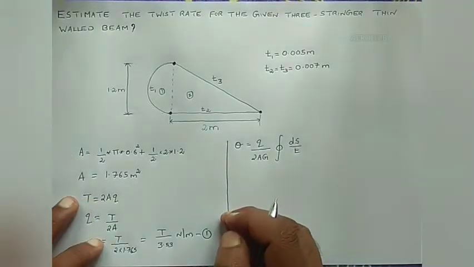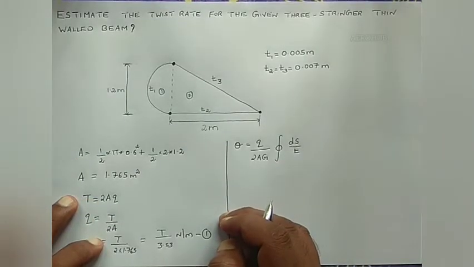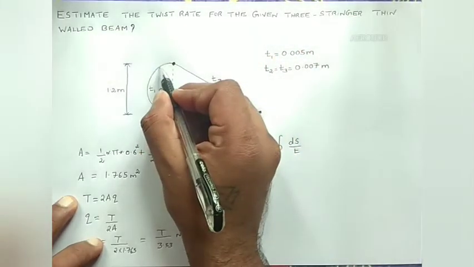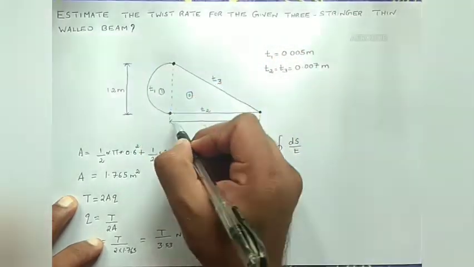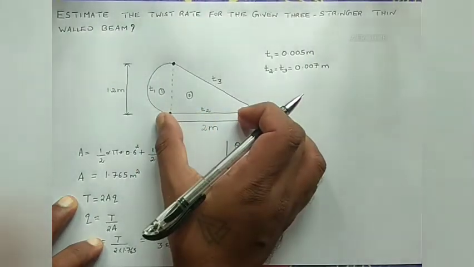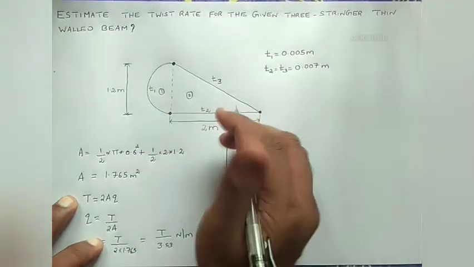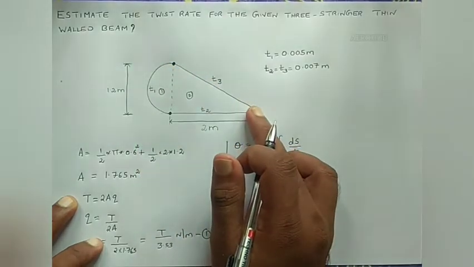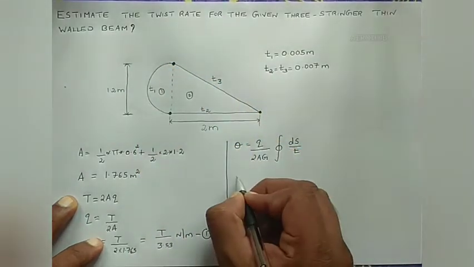In this section I'll divide the section into 3 sections. We have 3 sections: this curved web is section 1, the base of the triangle is the second section, and the hypotenuse of the triangle is the third section.